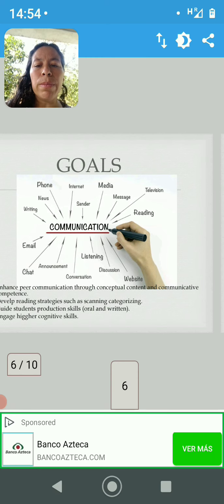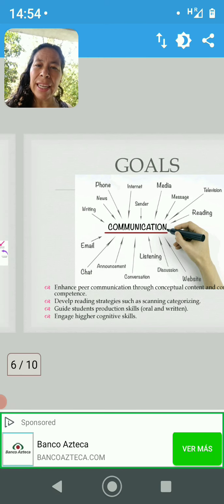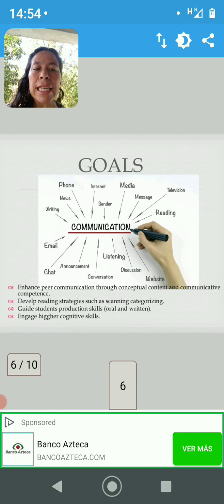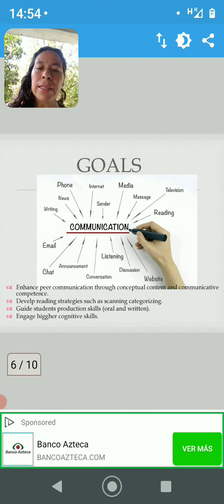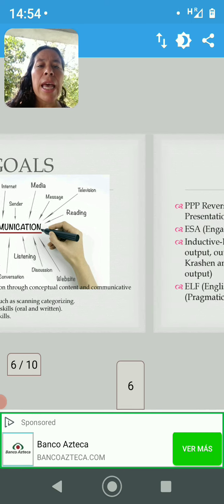Now, some goals of CLIL are to enhance peer communication through conceptual content and communicative competence, to develop reading strategies, to guide students' production skills, and to engage higher cognitive skills.